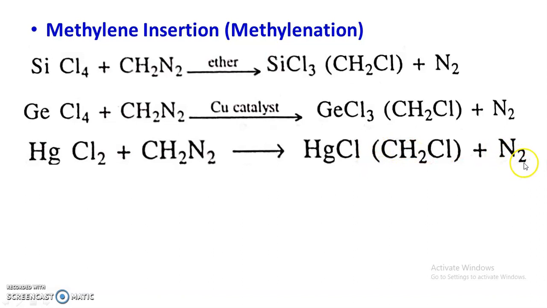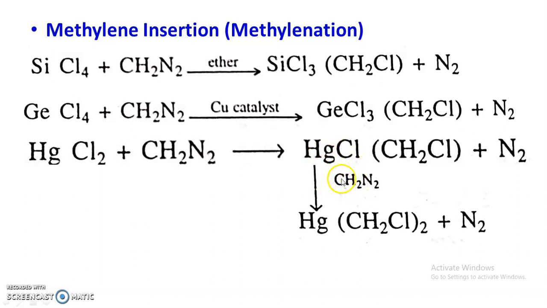At the same time, nitrogen gas is evolved. There is an insertion of another methylene group between the remaining mercury and halogen bond. So it reacts with another diazomethane molecule, and in between the mercury and halogen bond, there is an insertion of methylene. In this way, this is the organometallic compound.